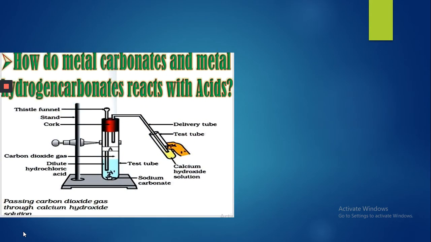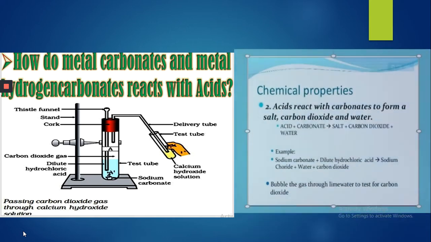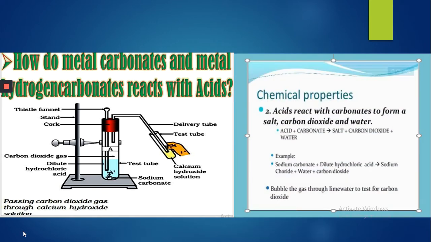Now what happens when metal carbonates and metal hydrogen carbonates react with acids? When metal carbonates react with acids, salt, carbon dioxide and water form. This is the general equation for this property.